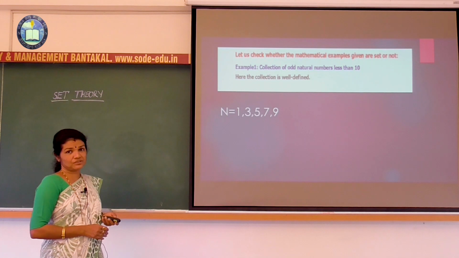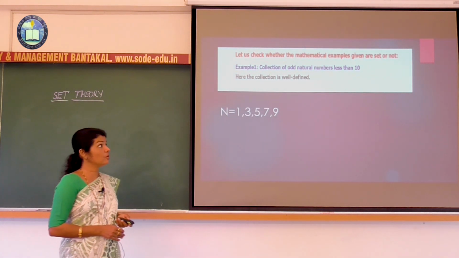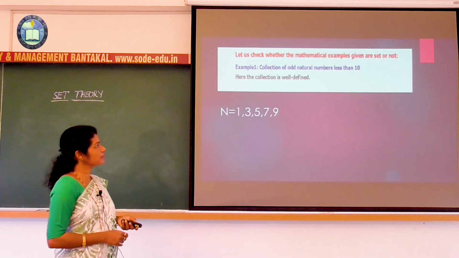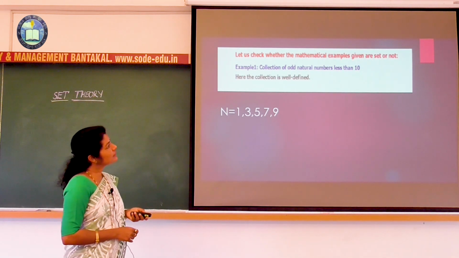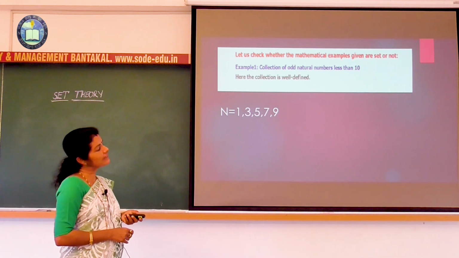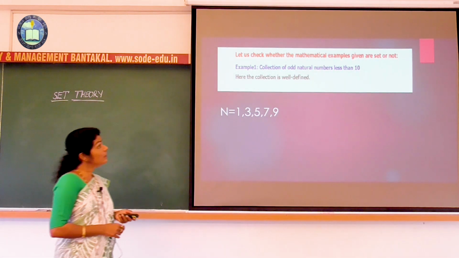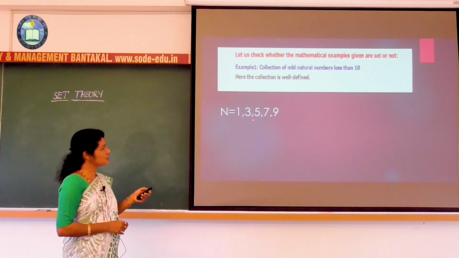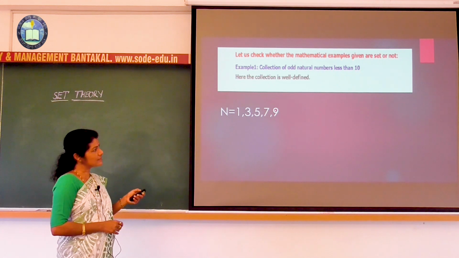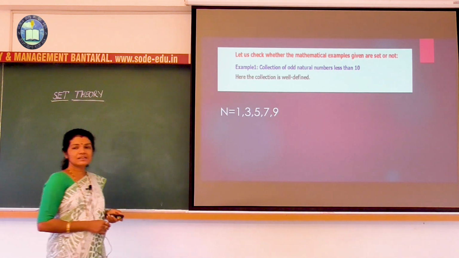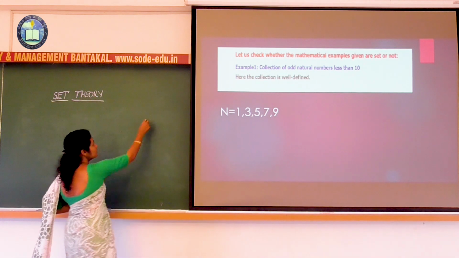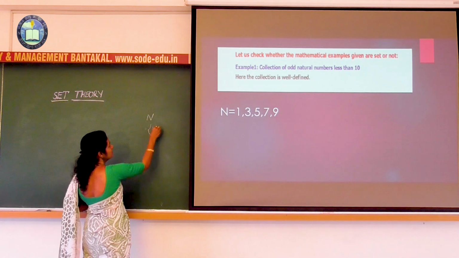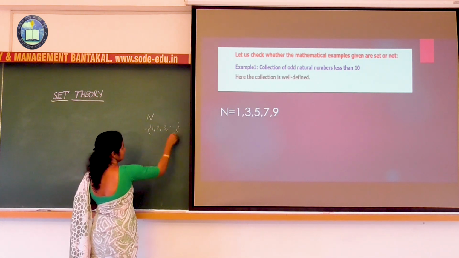So, how to check which one is a set and which one is not a set? For that, consider first this example itself. Collection of odd natural numbers less than 10. Under this, we can list 1, 3, 5, 7, 9. You know that the set of natural numbers is denoted by N and it consists of 1, 2, 3, like this it goes.